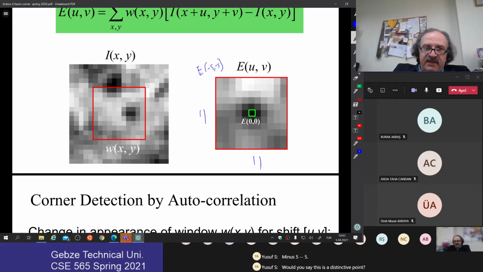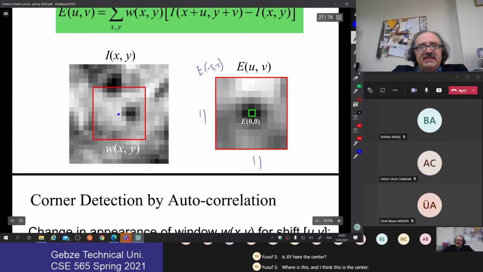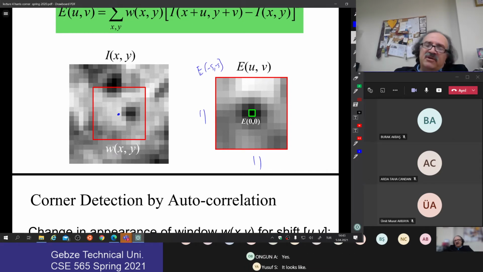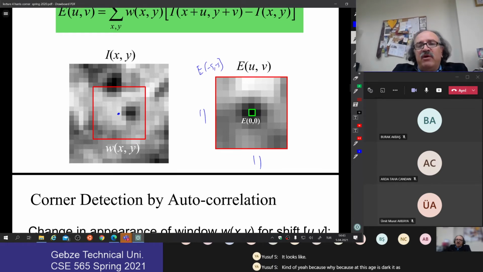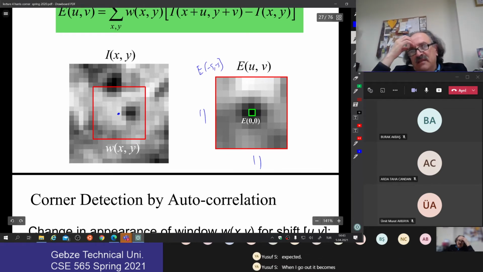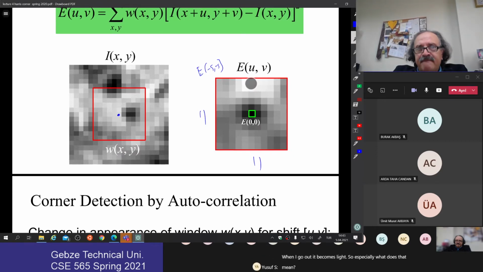This XY here, the center. Where is the center? I think this is the center. Do you think this is a distinctive point? Yes. It looks like, kind of, yeah. Because at the center it is dark as expected. When I go out, it becomes light. So especially, what does that mean?